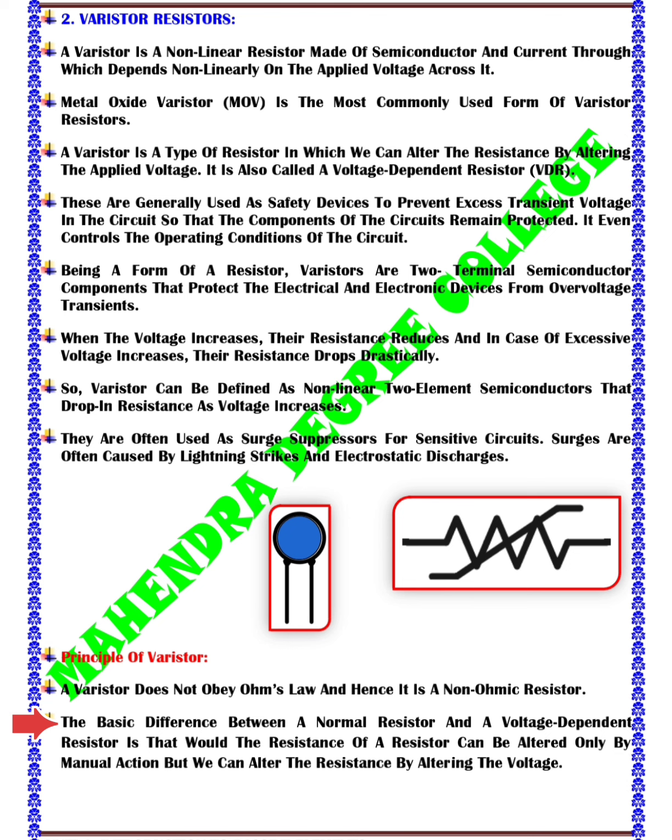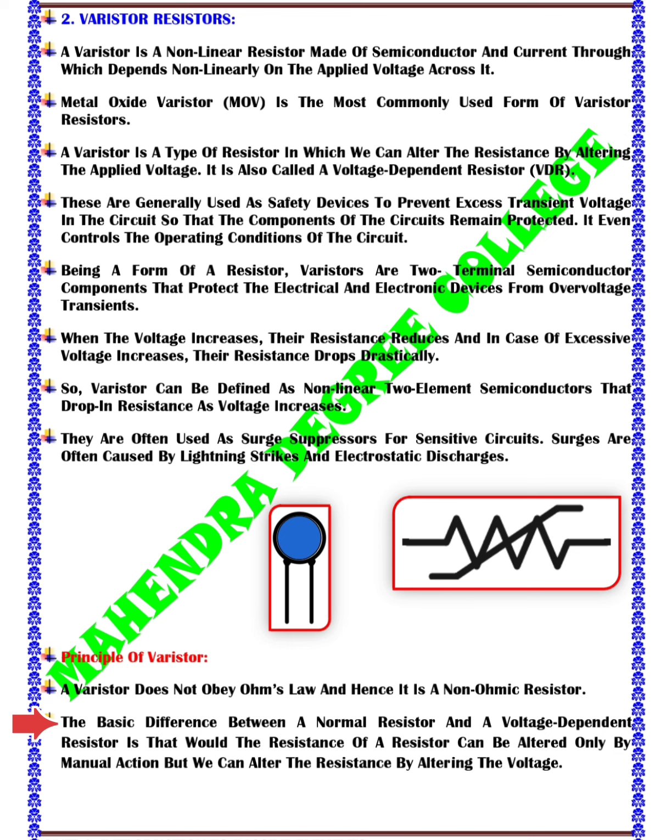The resistance of a normal resistor is primarily determined by its physical properties, material, length, cross-sectional area, and remains relatively constant as long as the temperature and current remain within its rated limits.